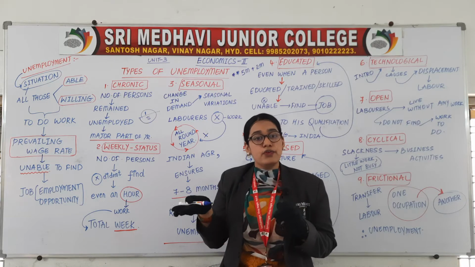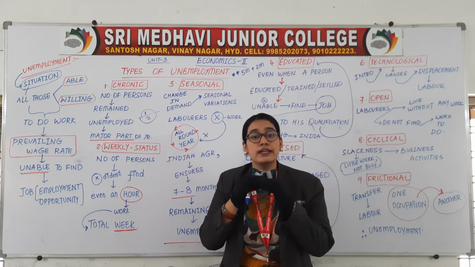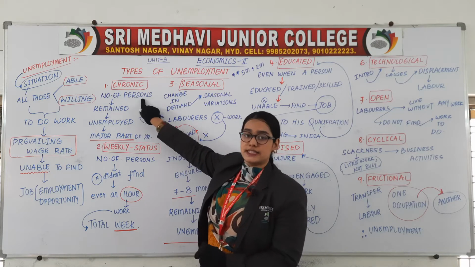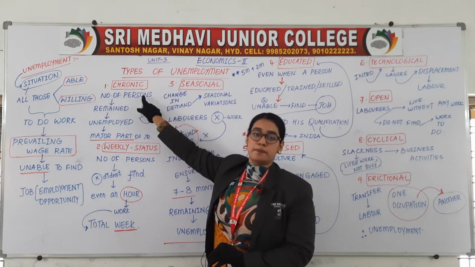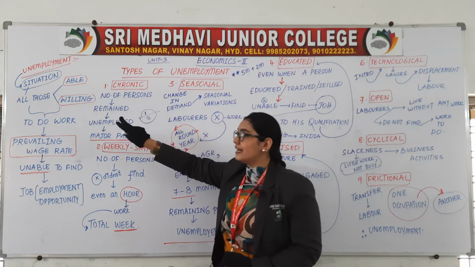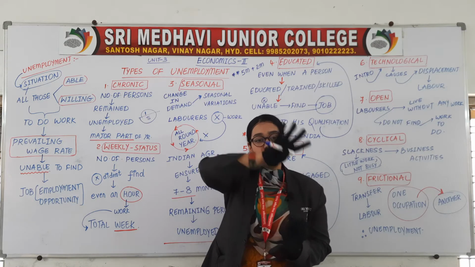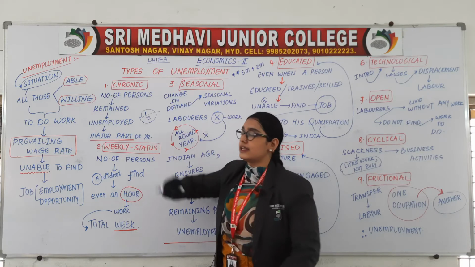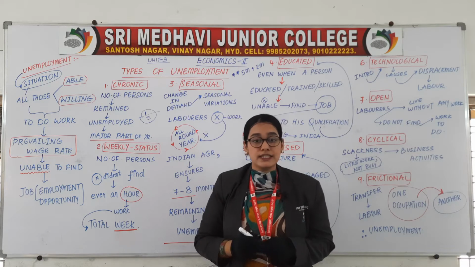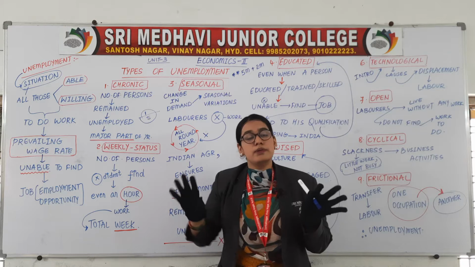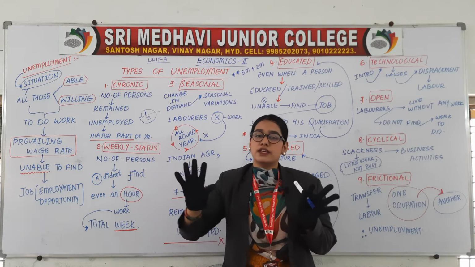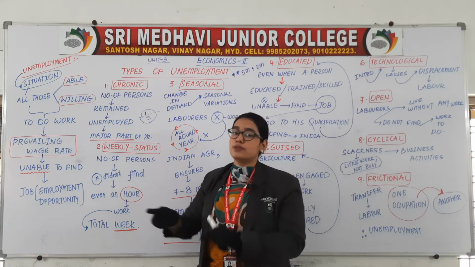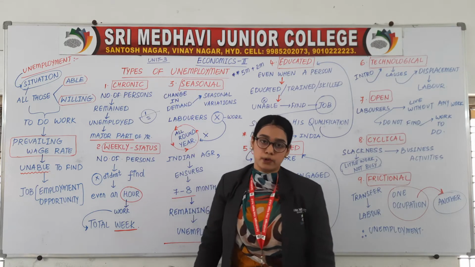So the remaining 4 years, you were unemployed. So whenever a person or number of persons remained unemployed for a major part of the year, it is called chronic unemployment. A person who did not get a job for the maximum part of the year is said to be chronically unemployed.